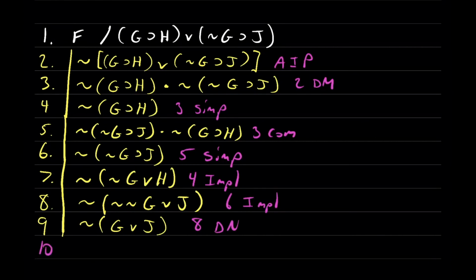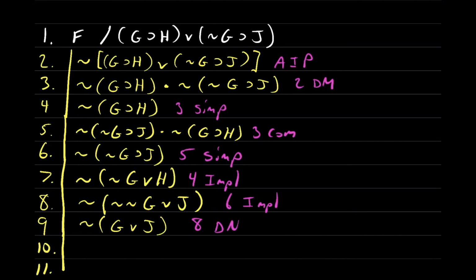Okay, oops, excuse me. Line 10, still inside the scope of this vertical sequence. What I see on line 7 and line 9 is now I can do a couple of De Morgan's rule steps. Like line 7 is the negation of a disjunction, so is line 9. So I'm going to do 2 De Morgan's rule steps on line 10 and 11. Just in tandem so you can see where I'm going with this.